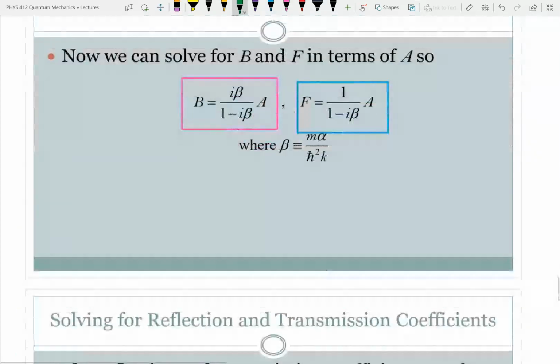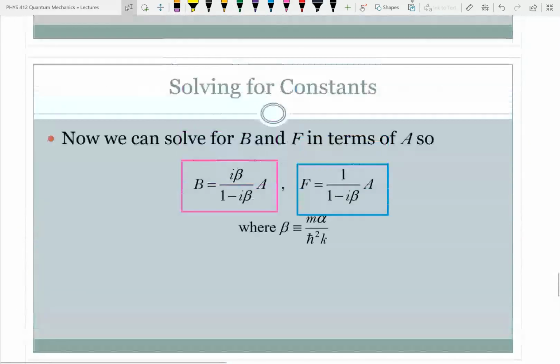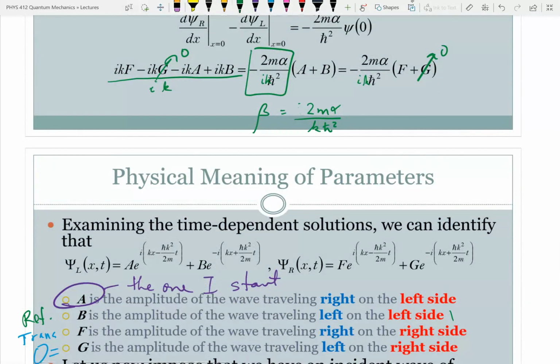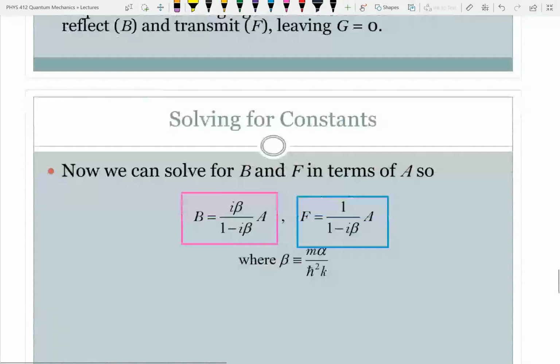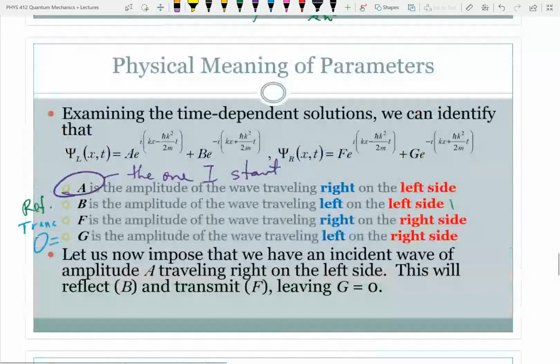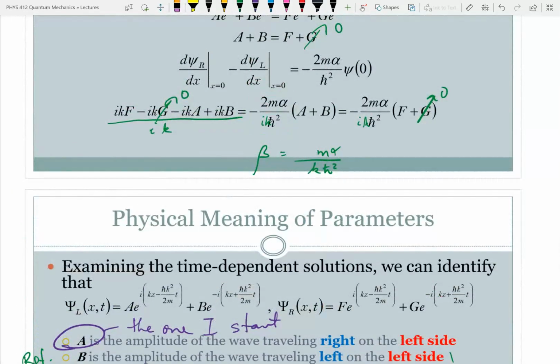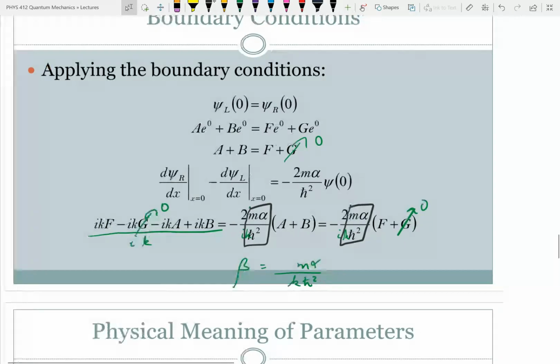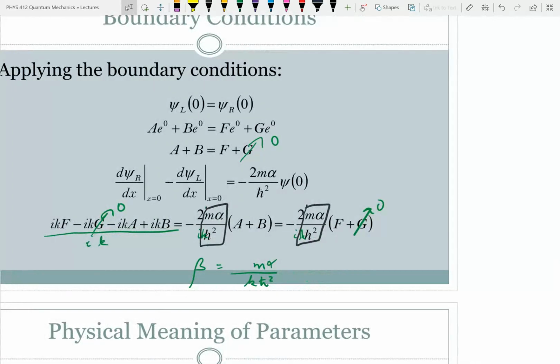I'm pretty sure that's it. Oh, nope. They didn't factor out the I. Just 2m alpha over, oh, didn't factor out the 2 either. M alpha over h bar squared k. So that's the beta. So they're solved in terms of A. So I'm going to rewrite this equation right here with beta.